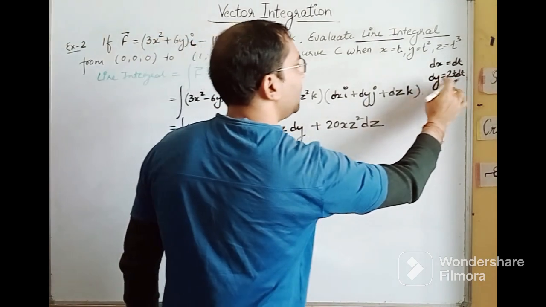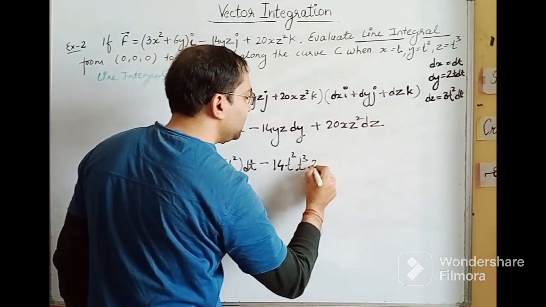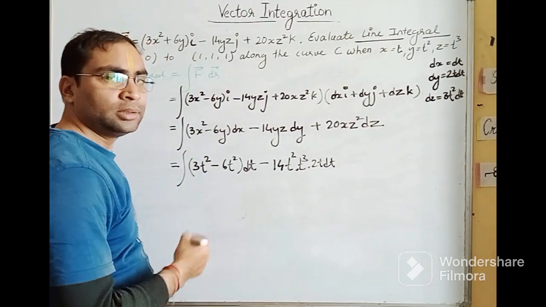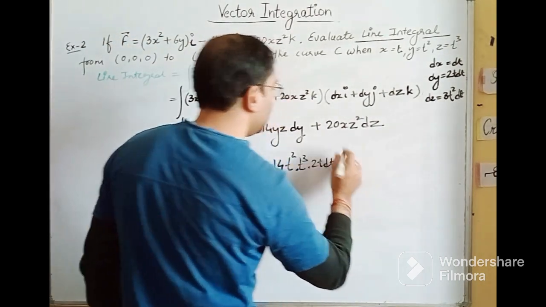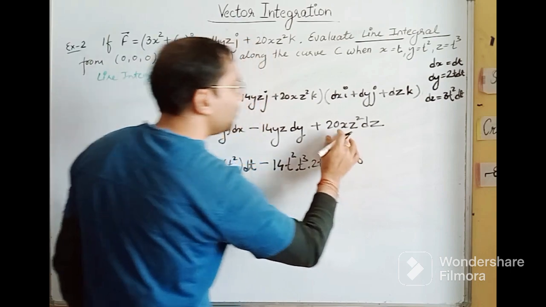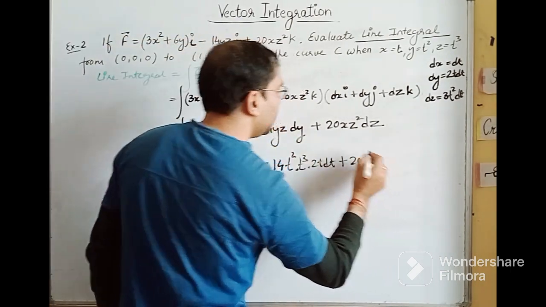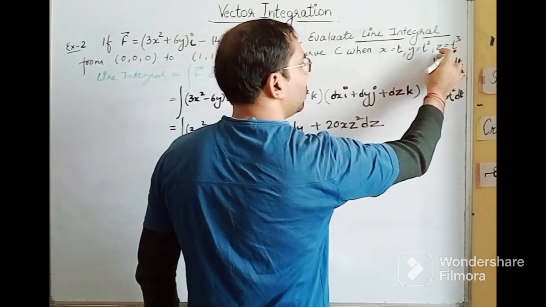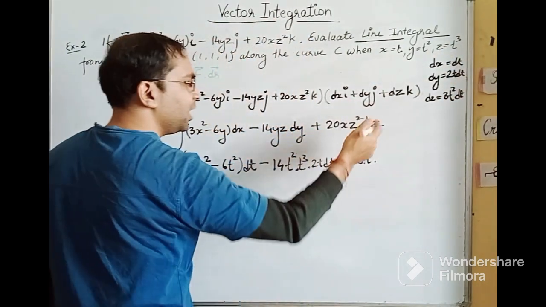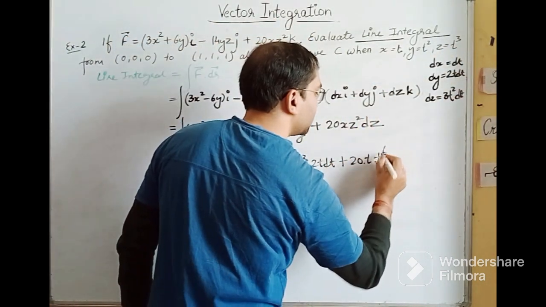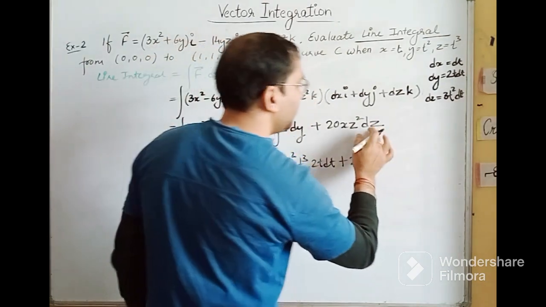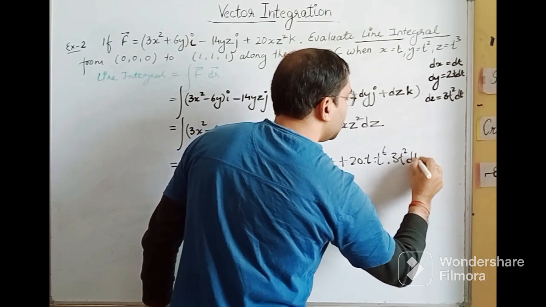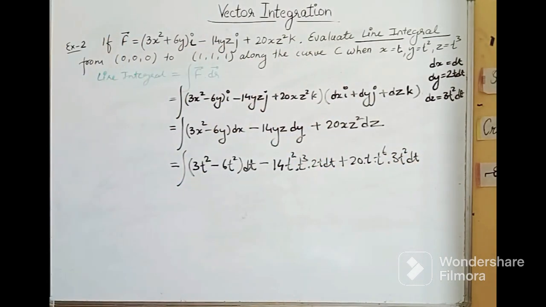In place of dy we have 2t dt, so this is 2t dt. And then the last term, this is plus 20, in place of x again we have t, in place of z square we have t cube squared. As z is t cube, z square will be t to the power 6, so this is t to the power 6, and then dz is 3t square dt.